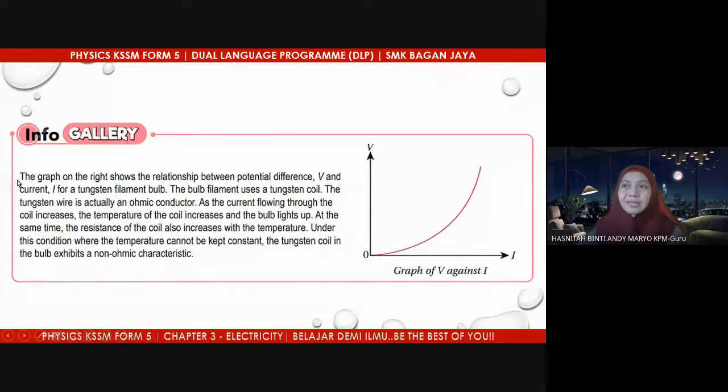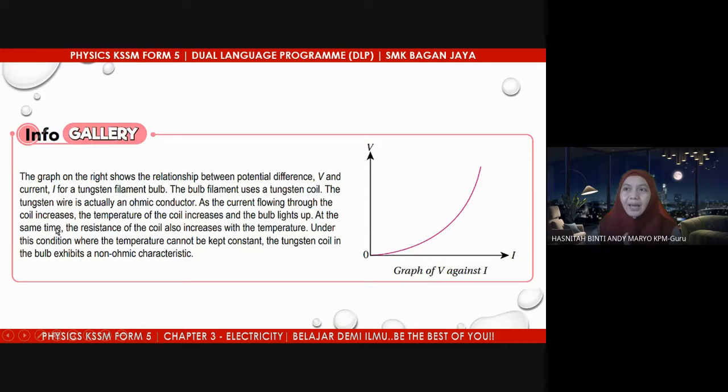If you read here, the graph on the right shows the relationship between potential difference and current for a tungsten filament bulb. The bulb filament uses a tungsten coil. Tungsten is the name of the material. The tungsten wire is actually an ohmic conductor. But as the current flowing through the coil increases, the temperature of the coil increases and the bulb lights up.